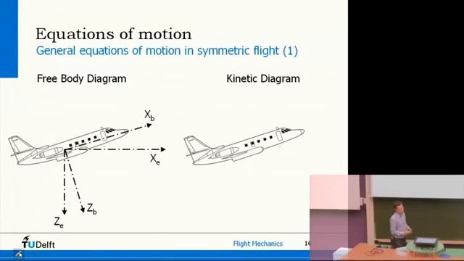Then there's also a body axis system, fixed to the plane, because the difference between these two axis systems tells us the orientation of the aircraft in space. The difference between the two is the angle theta, which is called the pitch attitude, and that is what the pilot actually sees when he looks outside the window of the aircraft.